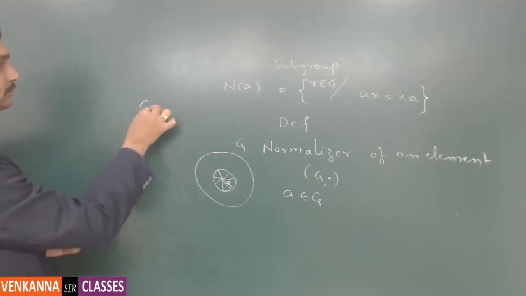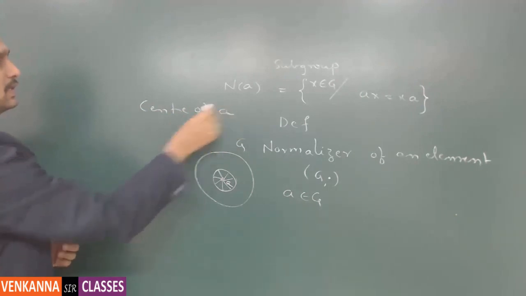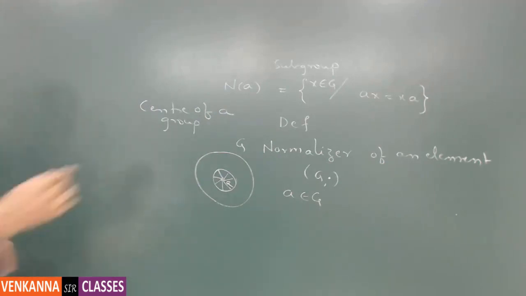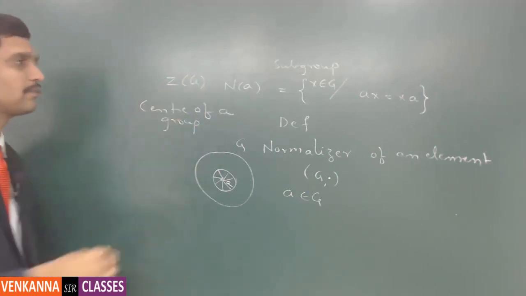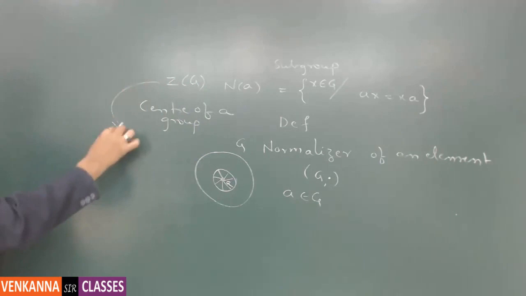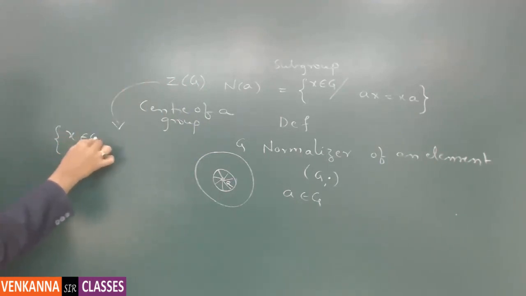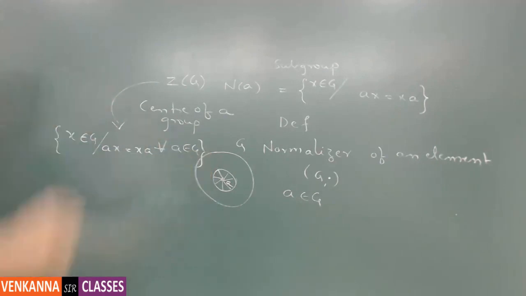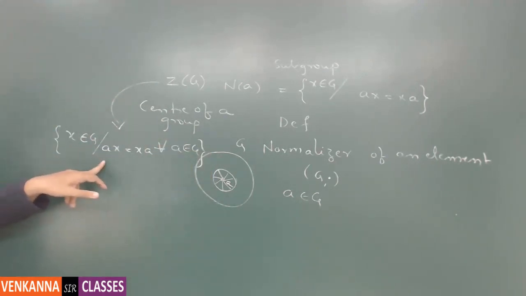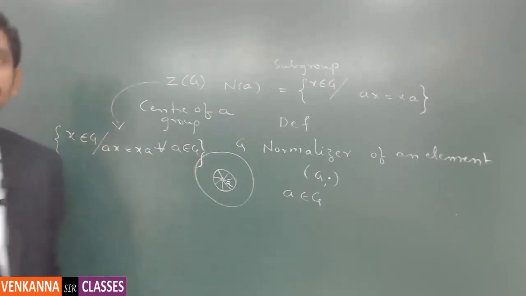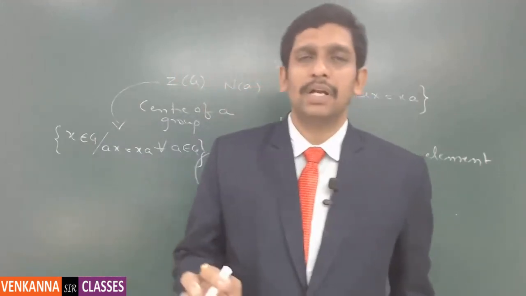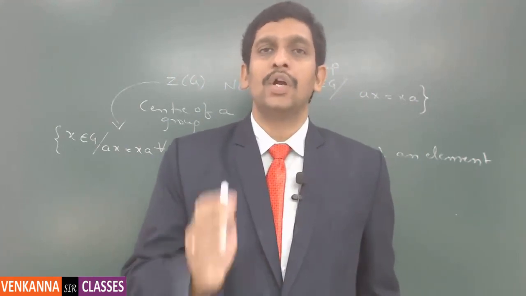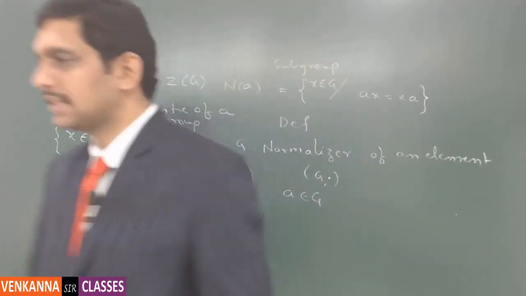Another one is the center of a group. We denote this with the symbol Z(G) and it is defined as the set of all x belongs to G such that ax equals xa for all a belongs to G. In other words, the center is nothing but, in the whole group, you are selecting the elements which satisfy the commutative property with each and every element of G. That's it.